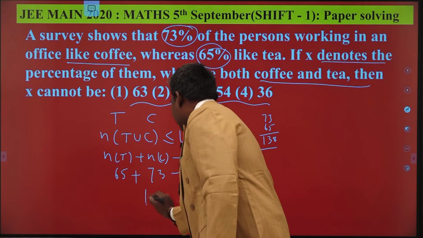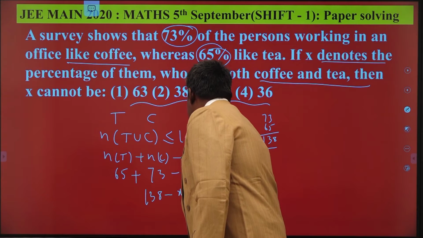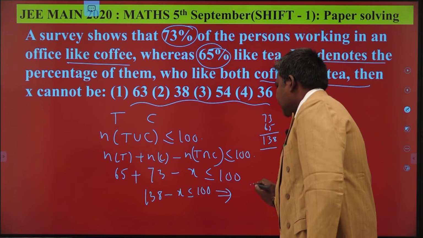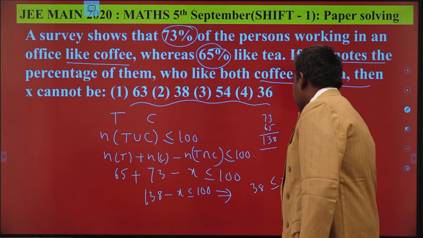So 138 minus x is less than or equal to 100, which implies 38 is less than or equal to x.